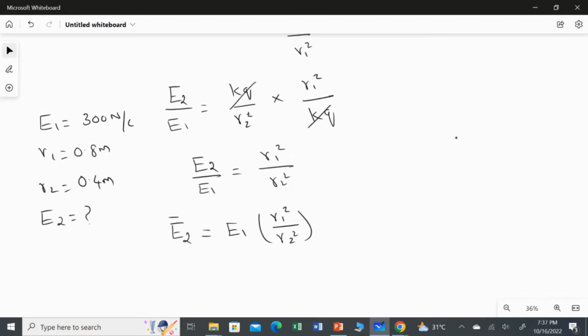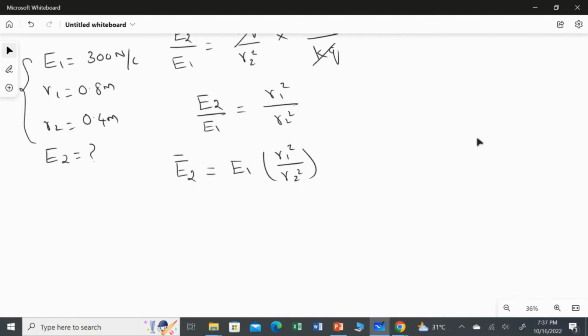So now I'm going to substitute these values in this equation. By that we will get the value of E2, that means electrical field 2 at a distance of 0.4 meter. So E1 300 multiplied by R1 square, 0.8 square, over 0.4 square.